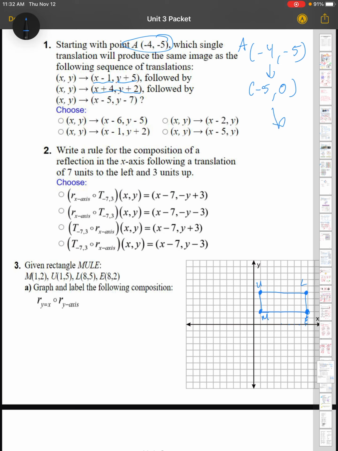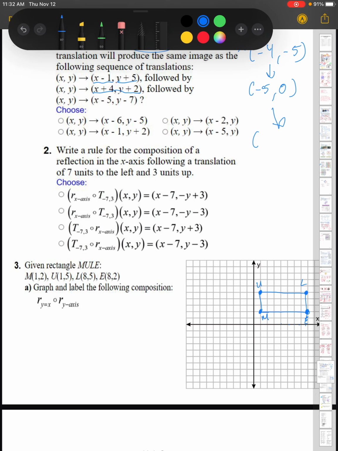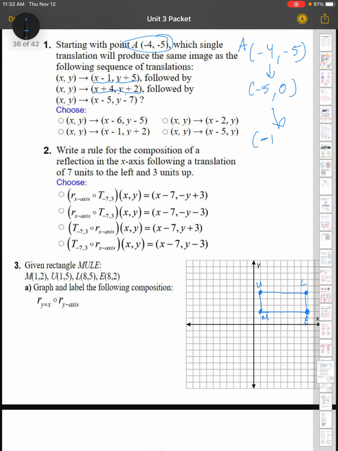Let's do the next one. x plus 4, y plus 2. If we do plus 4, we would get -1, and then plus 2 for the y, we would get -1, 2. Then the last would be x minus 5, y minus 7.